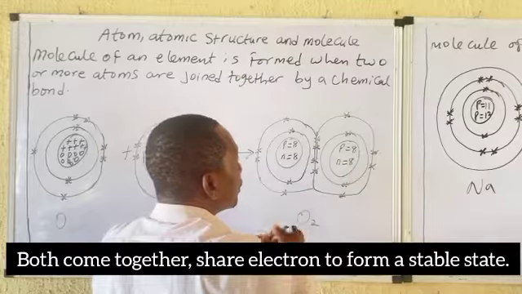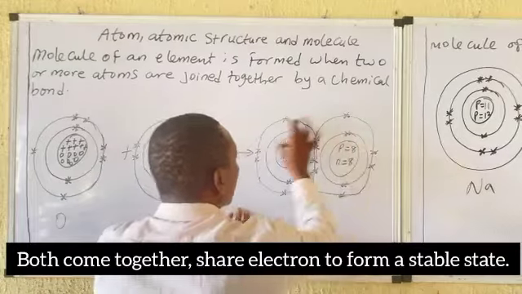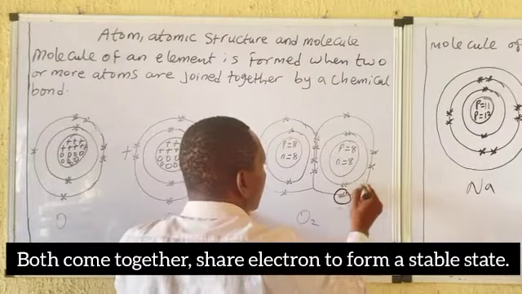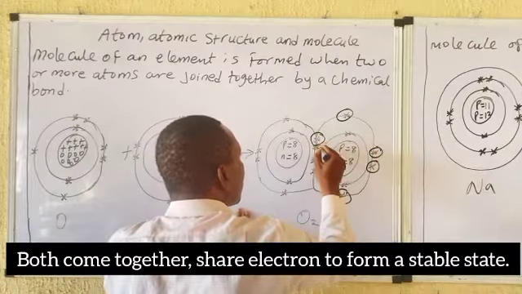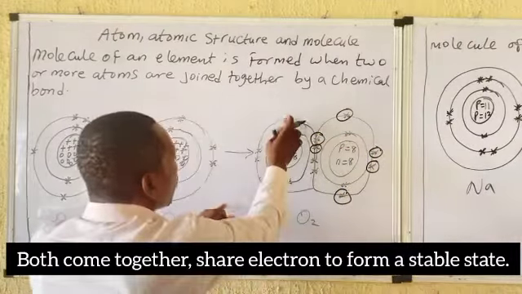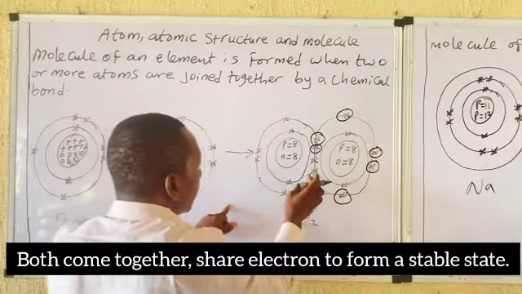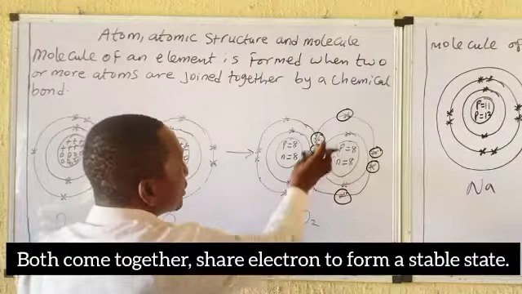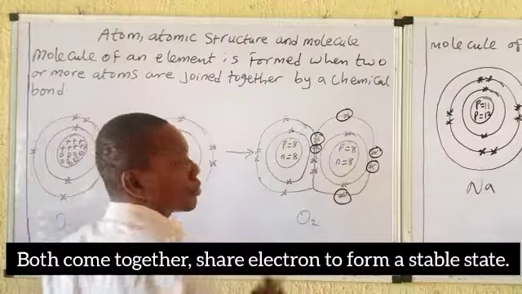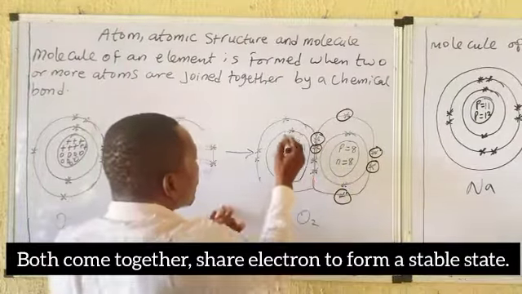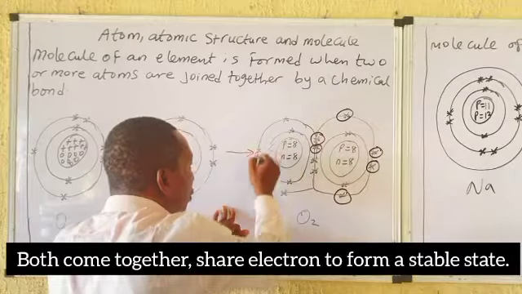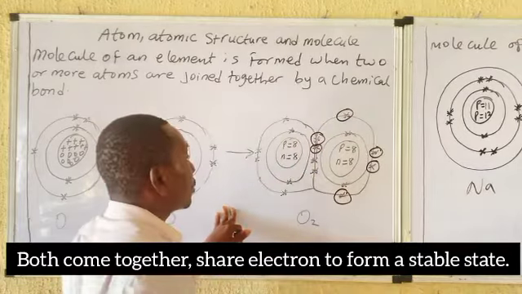Let's differentiate the atoms. This one has 1, 2, 3, 4, 5, 6. This is contributing 2, and this is contributing 2, so they have contributed 2 each. Let's now count the number of electrons in this atom's share.